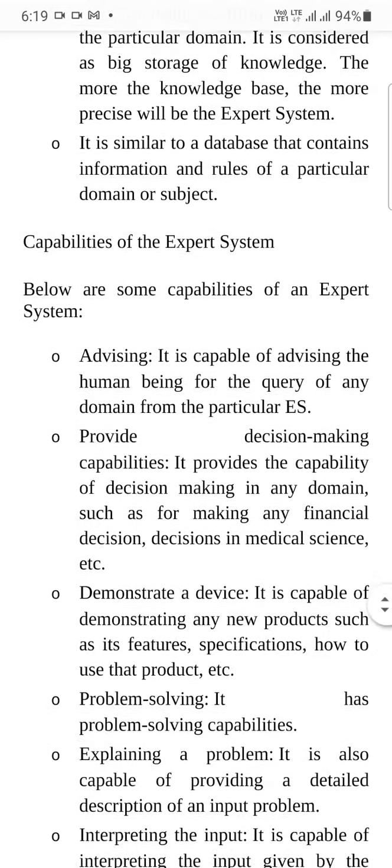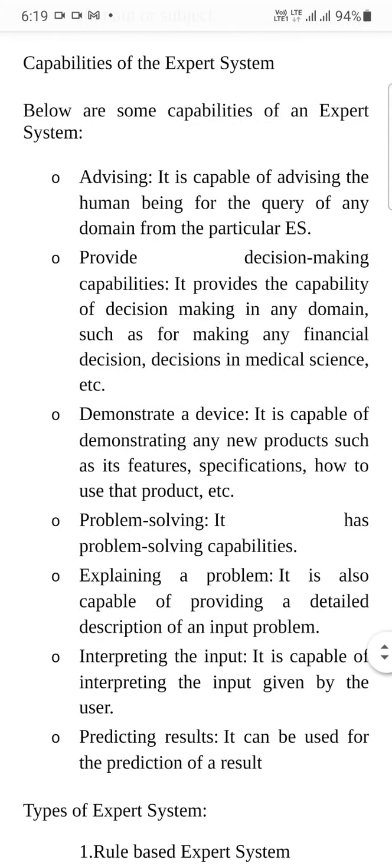Then the third one is demonstrating devices. It is capable of demonstrating any new products, such as their features, specification, and how to use the product. Next is problem solving. As we discussed, this is a decision making system, so it also takes the decision on how to solve a problem.